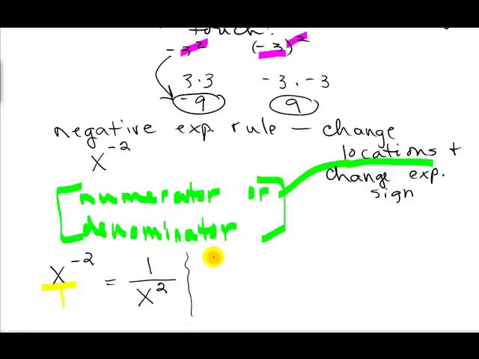So let's see, if I have 2 to the -3, that means the 2 is going to go to the denominator, the 3 becomes positive. We'll put our 1 here, and then we finish it. 2 times 2 times 2 would equal 1/8.